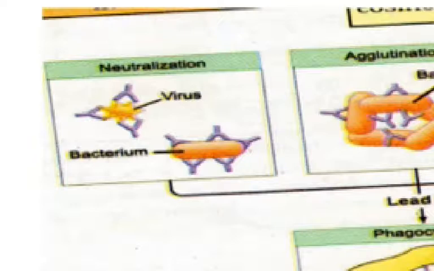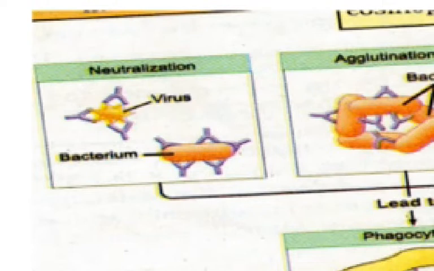Here you see the antibodies attached to the virus at a specific place, the antigenic fragment of the microbe. They block that microbe, whether it is a bacterium or a virus. We call this process neutralization.